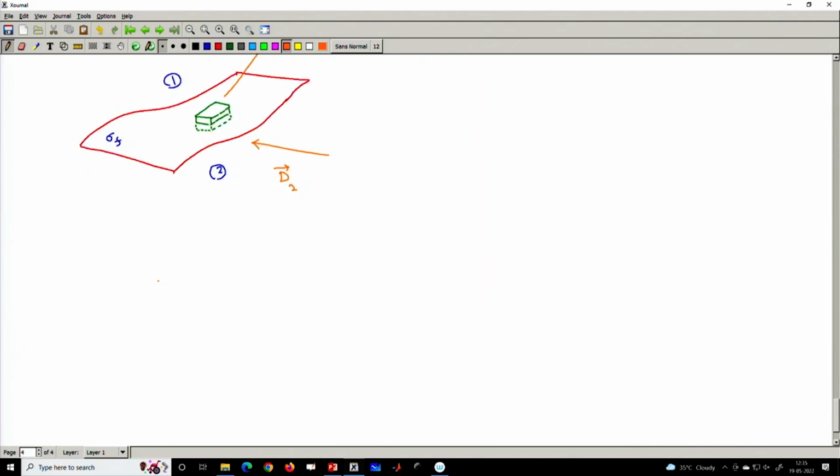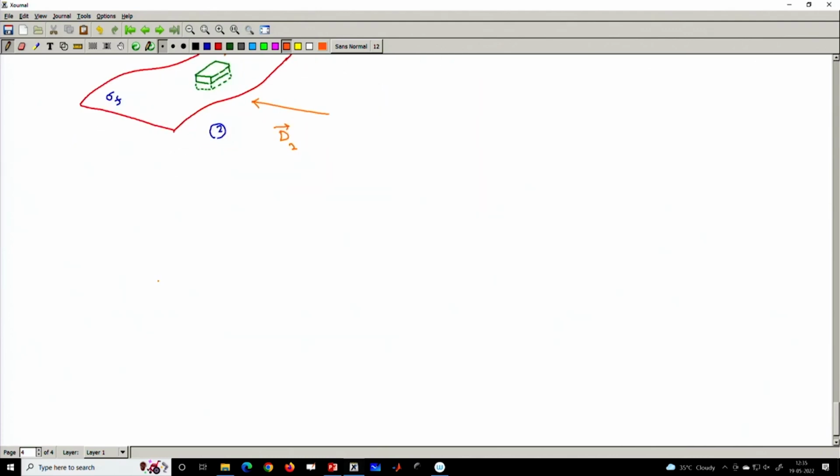Now if I find the components, exploiting the way we did before, I am not going to do the detailed calculation, but you can understand that D1 perpendicular minus D2 perpendicular is equal to sigma f. That is the first equation, and for B it is 0: B1 perpendicular minus B2 perpendicular is equal to 0.